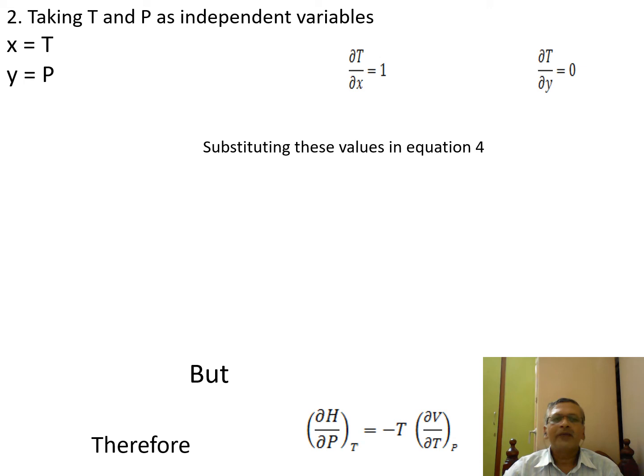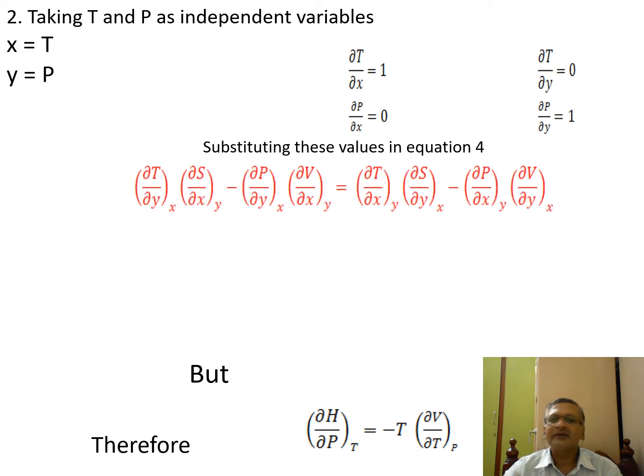Similarly, we can differentiate the second term, y is equal to p. That is, ∂p upon ∂x is 0, ∂p upon ∂y is 1. Substitute these four values in the generalized equation. This is the generalized equation. We should be substituting here. Look here. The first term, ∂T upon ∂y, has value 0. Therefore, that term is 0.